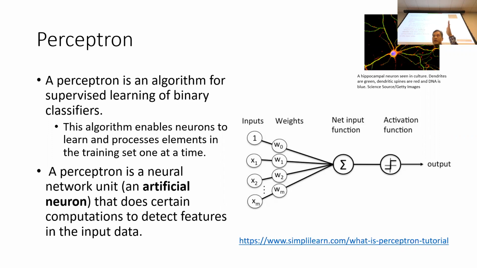It's updated once you give the training data again and again, and it makes a small adjustment and change until you get the output.